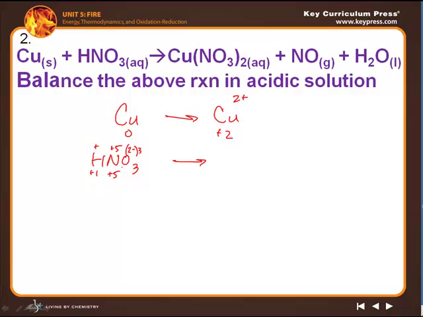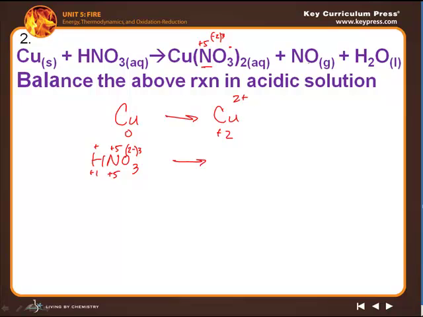Now the nitrate on the right: the nitrate ion has a net charge of negative 1, and there are three oxygens, 3 times -2 is -6, so the nitrogen has to be +5. So the nitrate to nitrate is not changing.